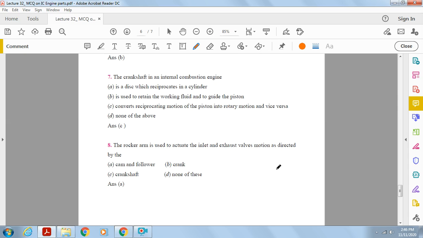So the answer is that the crankshaft converts the reciprocating motion of the piston into rotary motion, or rotary motion into reciprocating motion, vice versa. So the correct answer is option C.